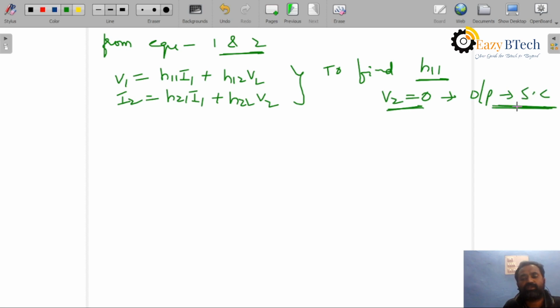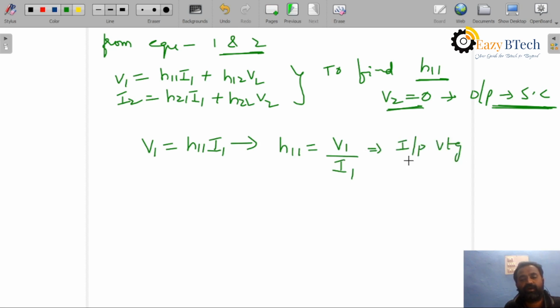When output is short circuit, voltage is 0. When V2 is 0, we will write V1 is equal to H11 I1 from equation 1. From this we can obtain H11 is equal to V1 by I1. Input voltage by input current, then it is called a resistor.